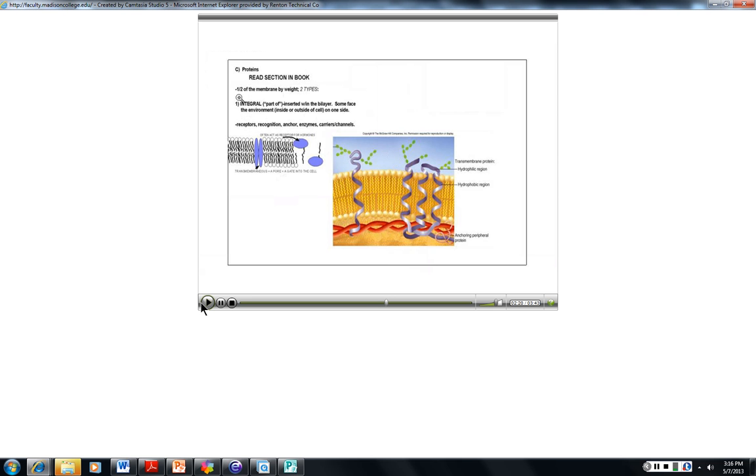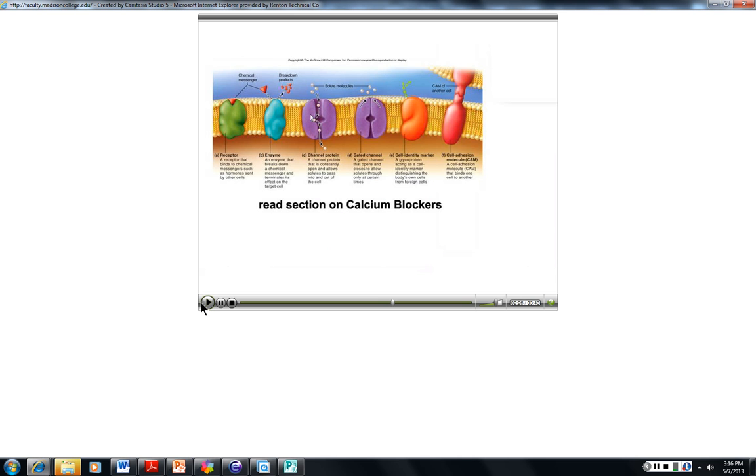We're going to talk a lot about integral proteins as the semester goes on. Your author gives you a table outlining some of these basic functions: receptors and enzymes and channels and identity marker proteins. Here we're seeing an anchor for a neighboring cell. These are called cell adhesion molecules, or CAMs, a molecule that anchors to a molecule in the membrane of a neighboring cell.